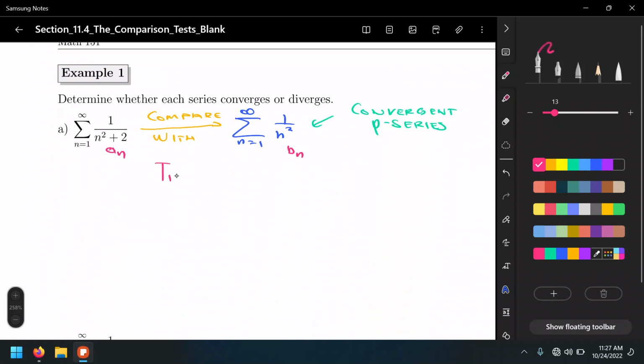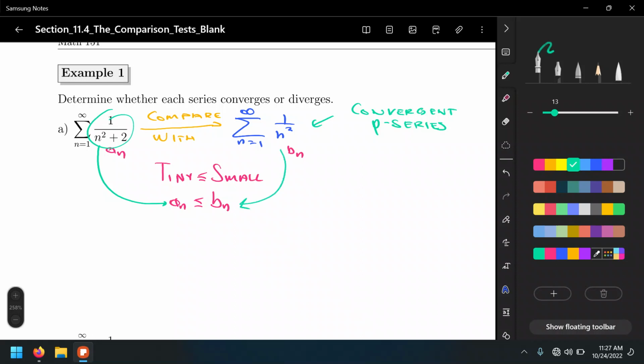Is it true that tiny is less than or equal to small? Let's find out: a sub n less than or equal to b sub n. So a sub n is our mystery series, our original problem, and b sub n is our test series.